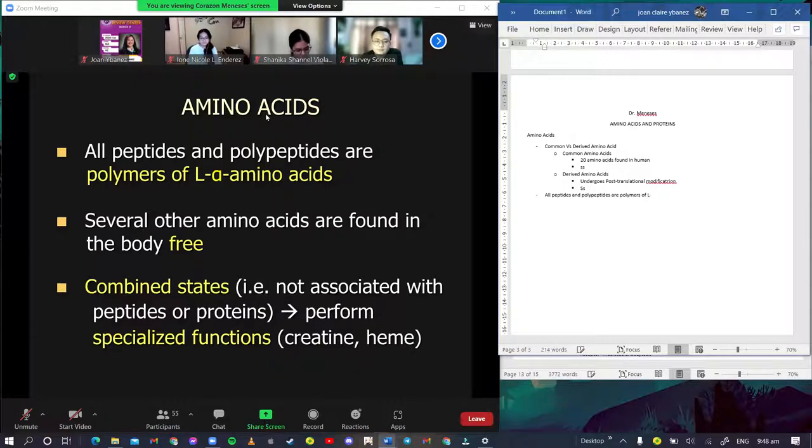Then there is what we call the combined state. They are not associated with peptides or protein, but by themselves they combine with other amino acids to perform specialized products derived from amino acids. Examples of this are creatine or hemoglobin, or the heme.